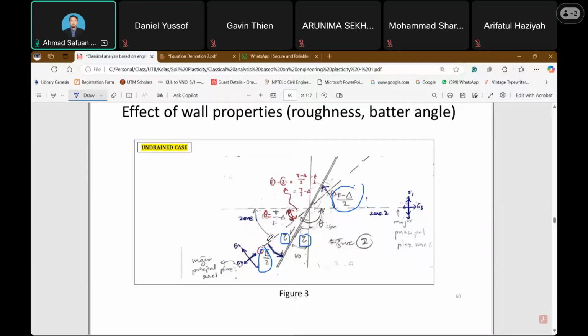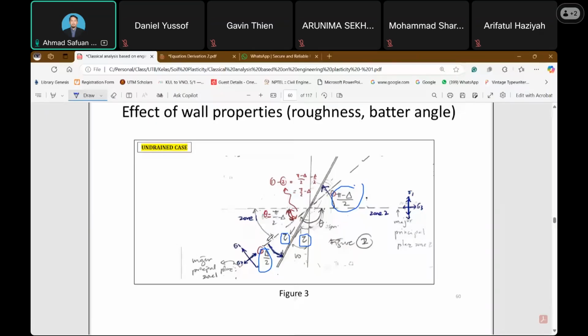It shares the same angle between this side and the next side. So the angle rotation theta of the major principal plane from zone 1 to zone 2 is theta equal to pi over 2 minus delta.